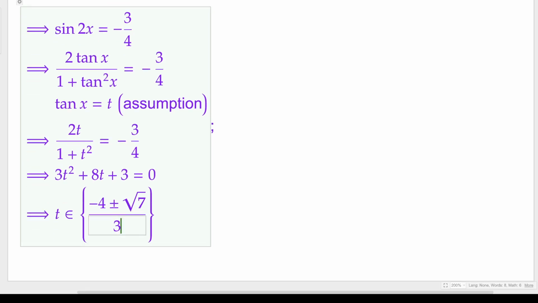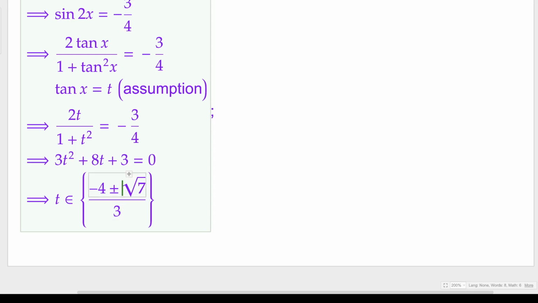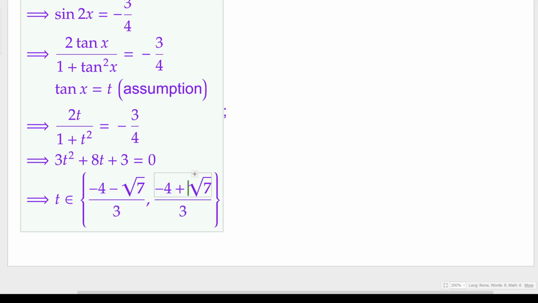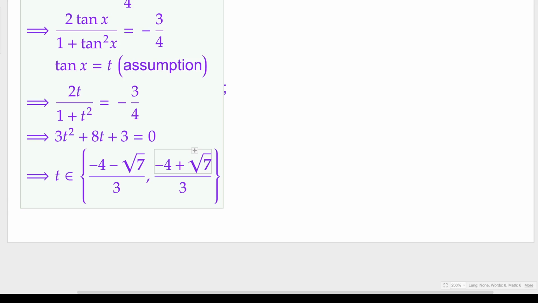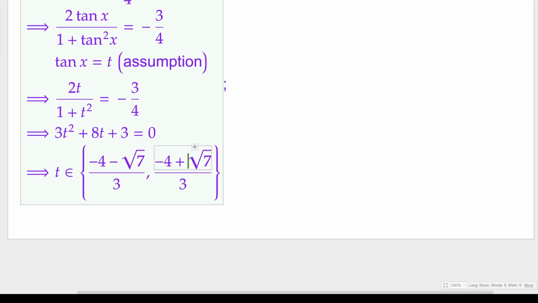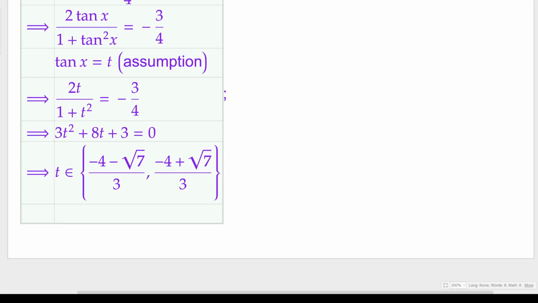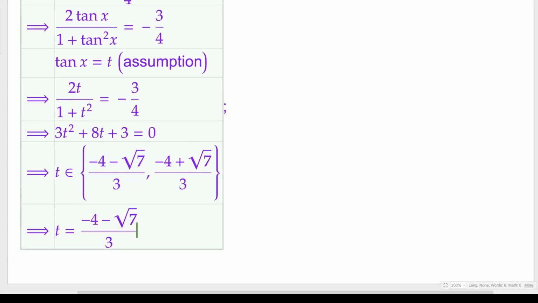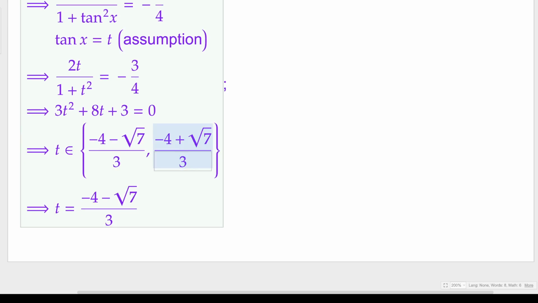Now if you observe here, which value should be considered? One value is with the negative and the other value is with the positive. These are the two different values we have. Which value of t should I consider? Just think about it. If I say t is equal to this, I'm accepting this value, but rejecting this other part. What gives me the authority to do that?